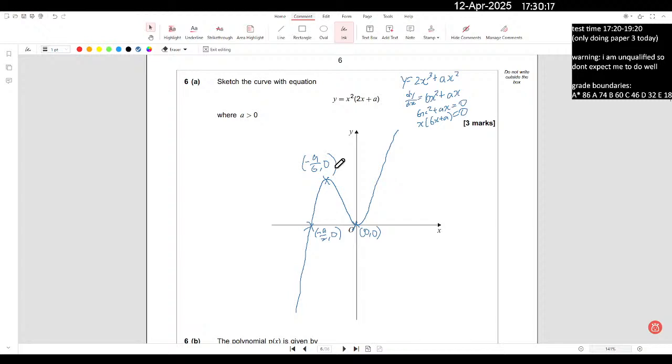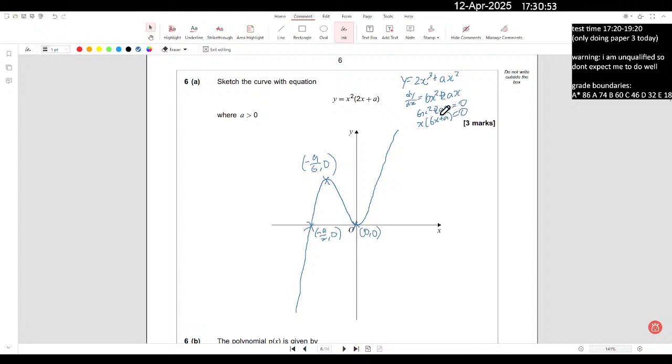I think I can check this with the calculator. No, that's not quite right. Oh, it is 2ax. Nah, I realized that was a mistake.